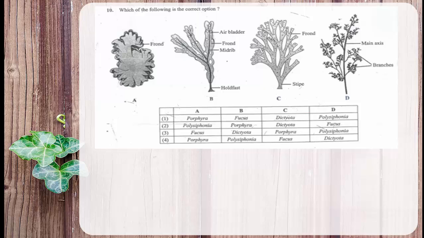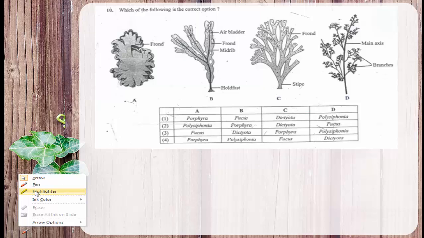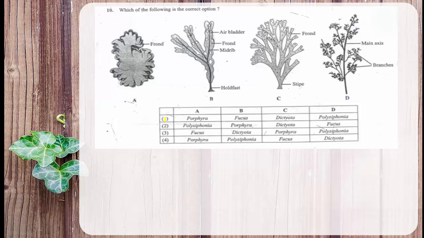And the right option for this question is, if you are familiar with the images, you can easily identify. A represents porphyra, B is fucus, C is dictyota, and D is polysiphonia.